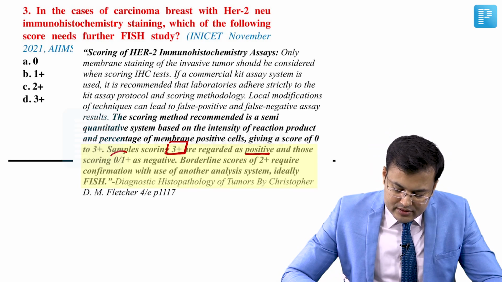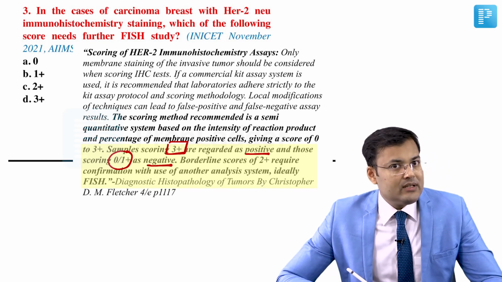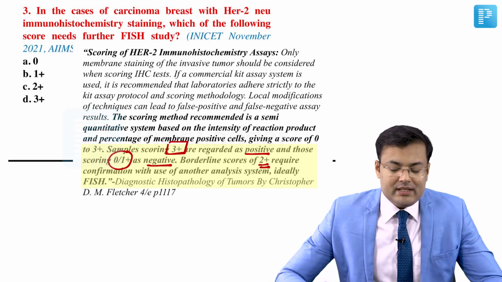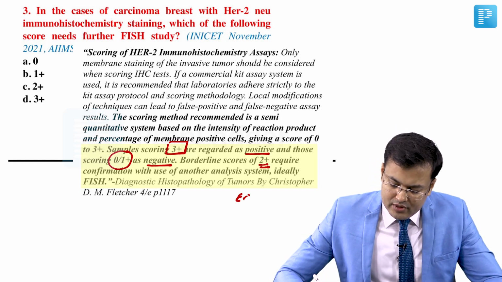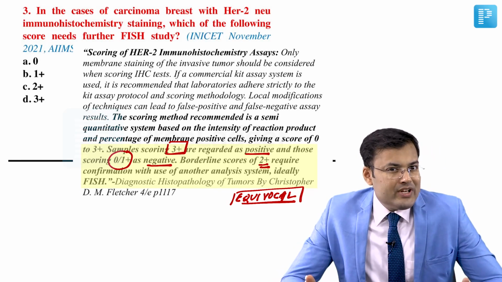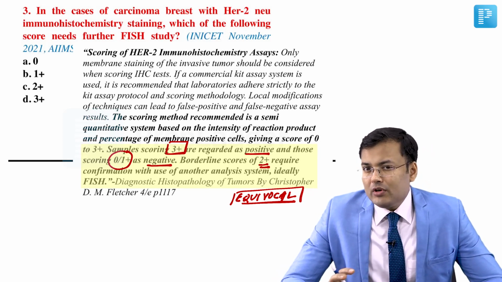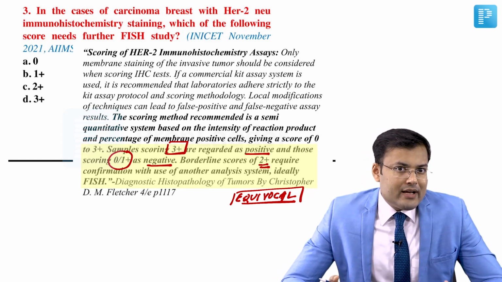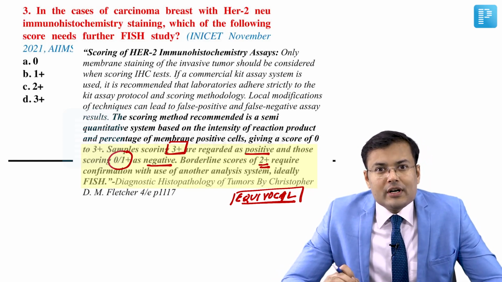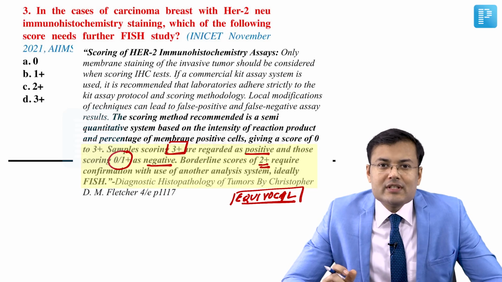If it is 0 to 1 plus, it is considered negative. And whenever it is 2 plus, it means it is equivocal. So if 2 plus is equivocal, for 2 plus you need another analysis system to confirm. So that's why if it is 2 plus, we need FISH to confirm the HER2 neu status.